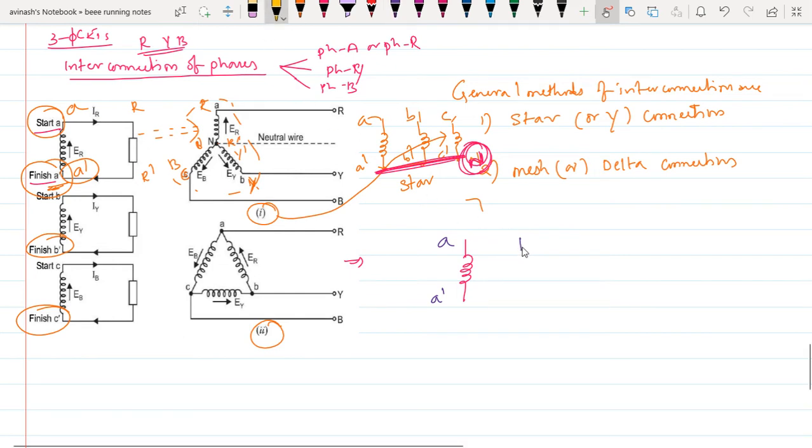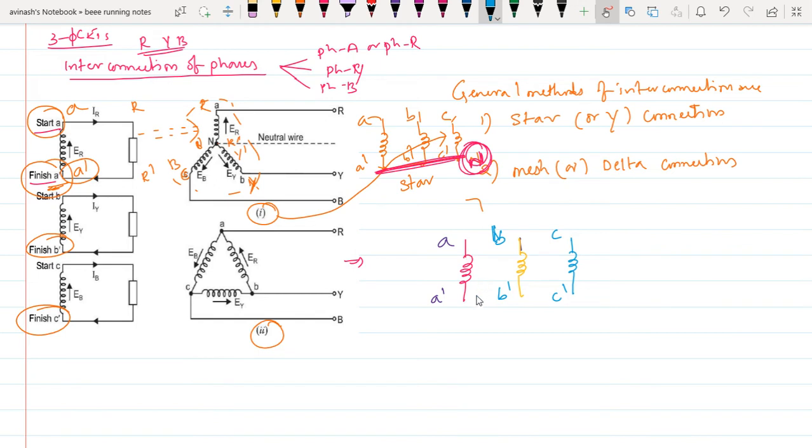Let us consider one more winding, Y, Y dash. In the same way, B, B dash, and C, C dash.